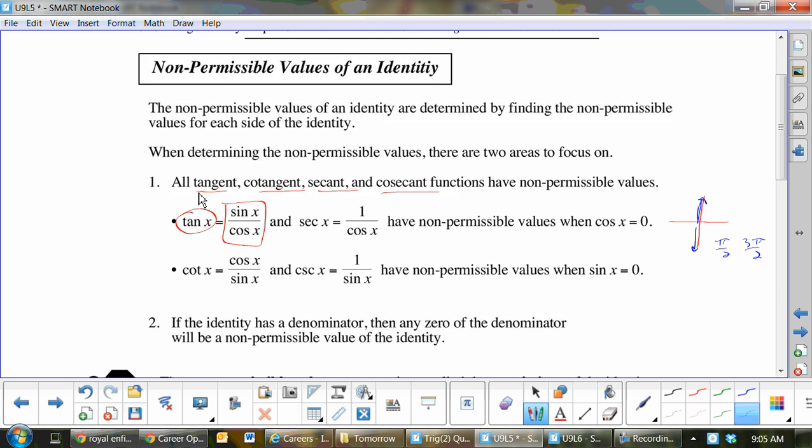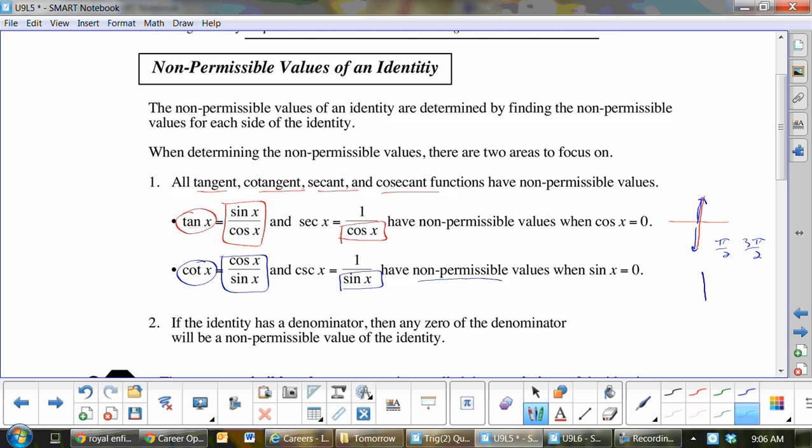Okay? So what else? Well, cotan is cos over sine, or cosecant is 1 over sine. So there's a place where it can be non-permissible: when sine equals 0.